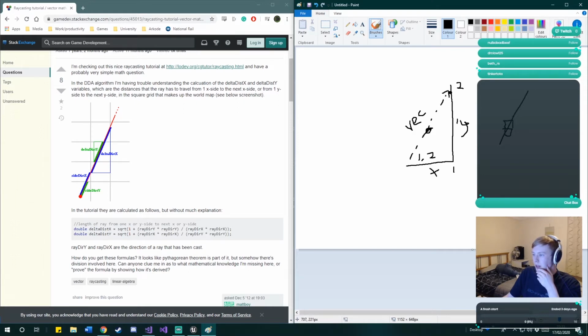And we either need to decide to go one level up or one level across. We basically just need to decide what direction it is that we're going in. So the real question is, how do we do that?